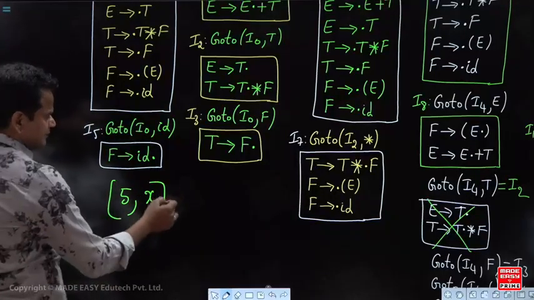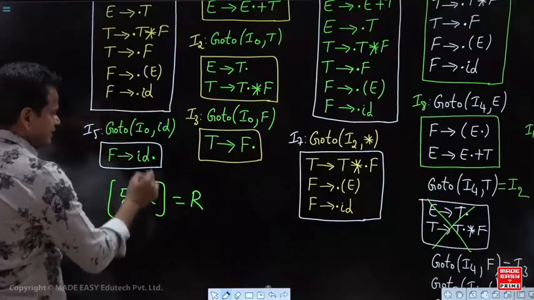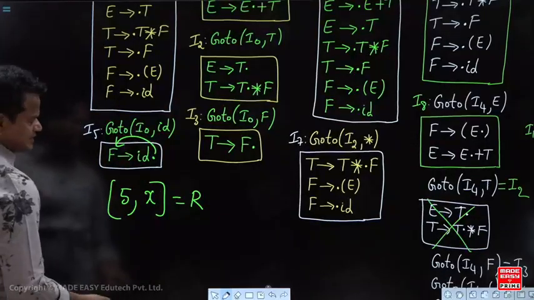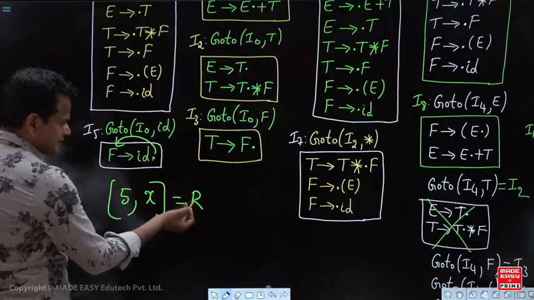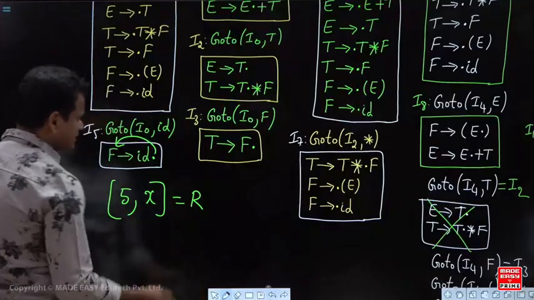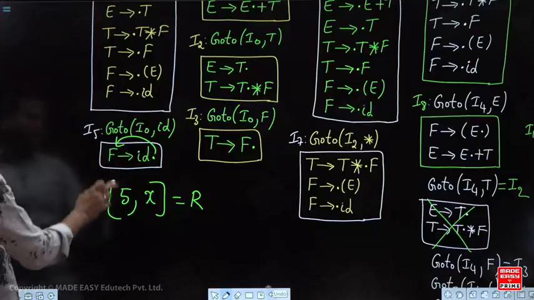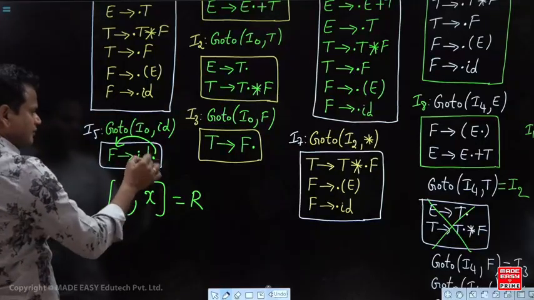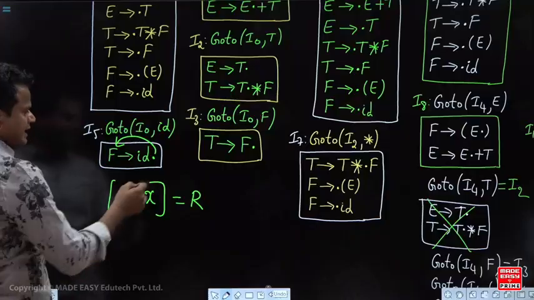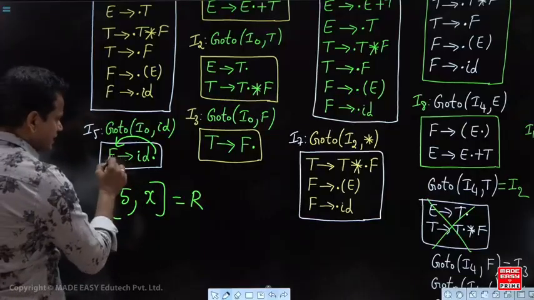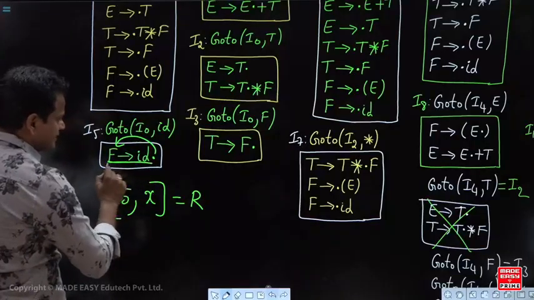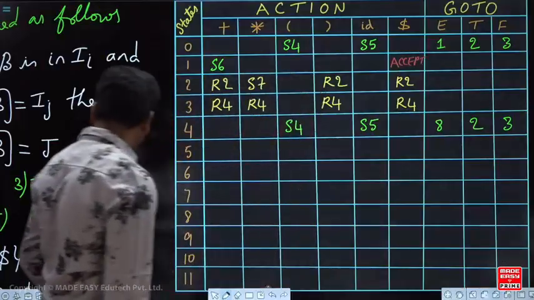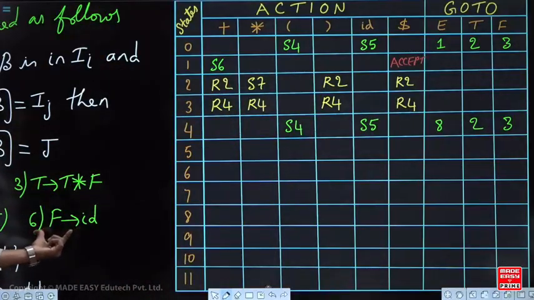And since it is the final item, that is the reason for reduce, in the follow of F. What is the reduce? F derives ID is R6, F derives ID, production 6.